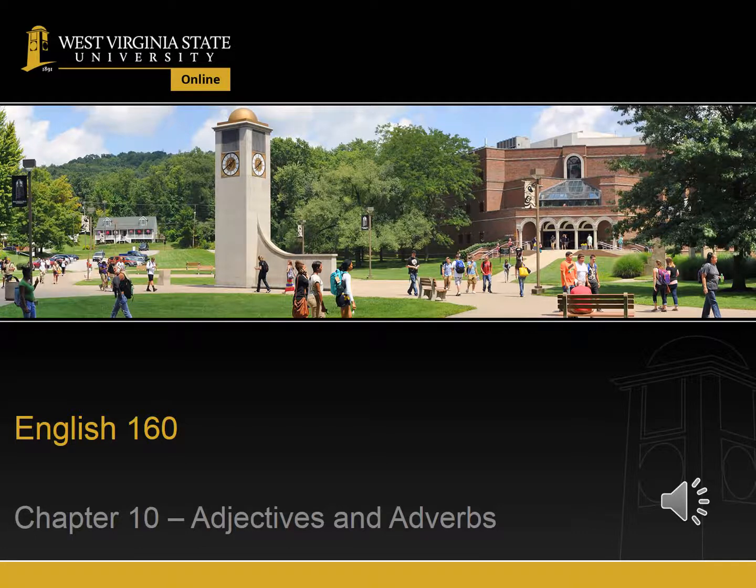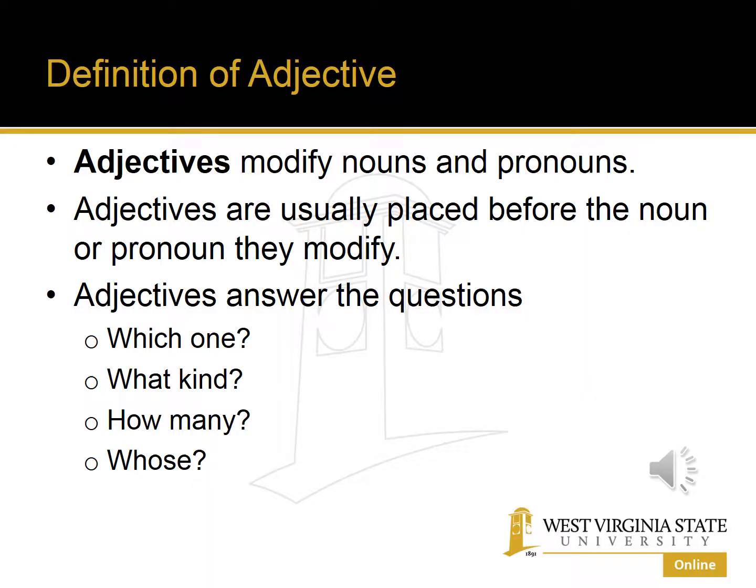In this lecture, we are going to look in more detail at two parts of speech, the adjective and the adverb. Let's first look at adjectives. Adjectives are words that modify nouns and pronouns, and they only modify nouns and pronouns.